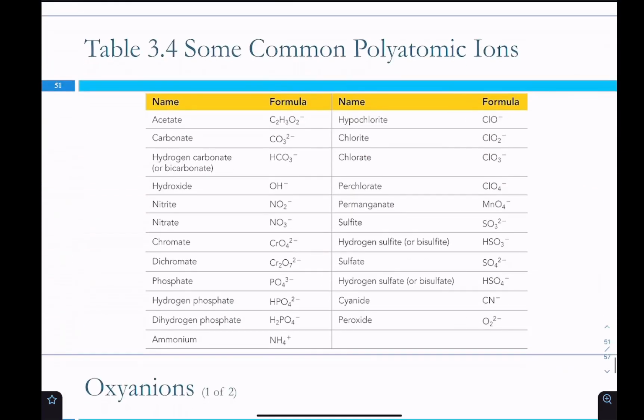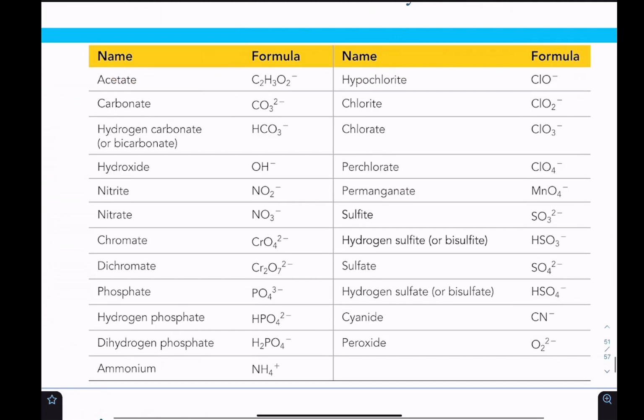So here's a list of some common polyatomic ions. Some of these are on the list that I put up on Canvas. It's the same Chem 20 list. The ones that you do need to memorize out of this list are acetate, hydroxide, chromate, dichromate. These ones like hydrogen carbonate, also sometimes called bicarbonate.